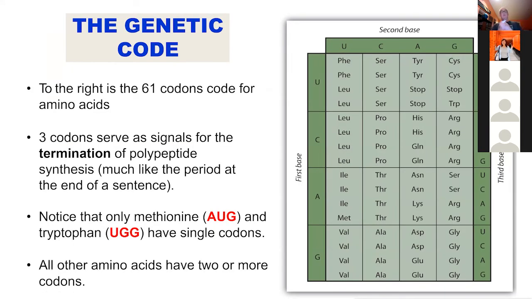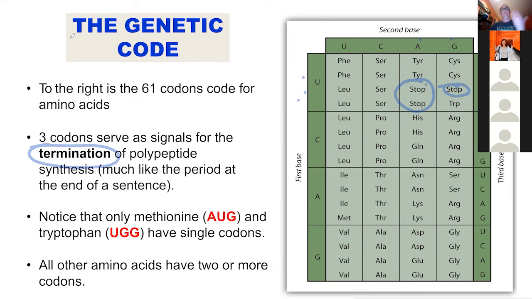So here's the code that was worked out many, many years ago. There are 61 codons that have been determined so far. Notice that 3 of them cause termination: UAA is a stop codon, UAG is a stop codon, and UGA is a stop codon.